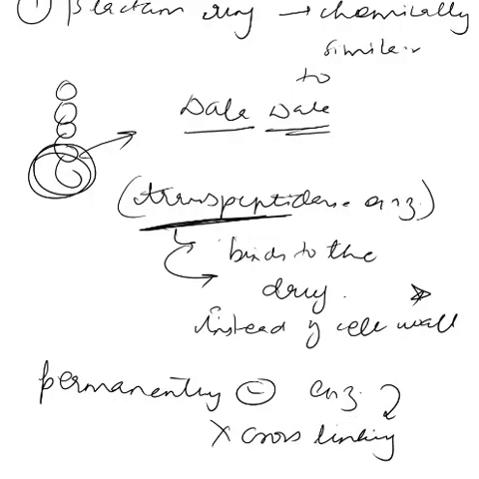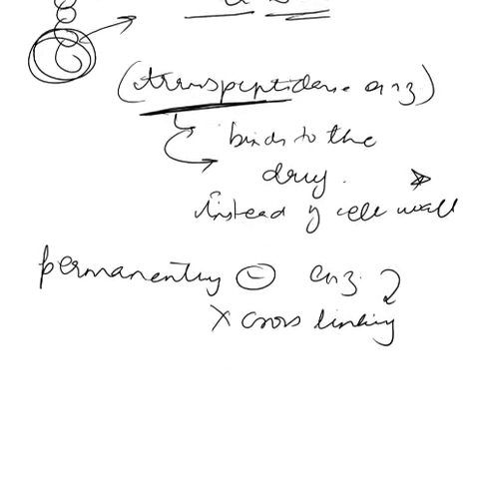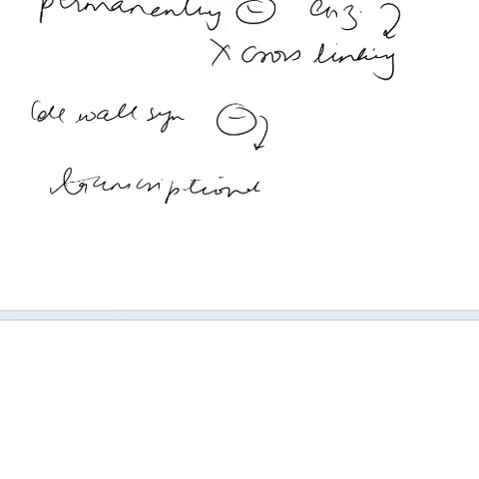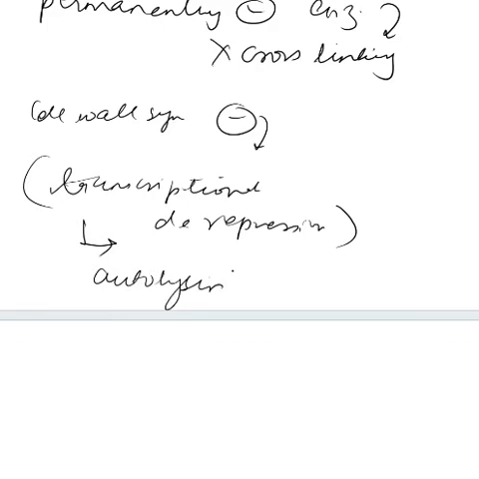In the next step, when cell wall synthesis is blocked, the bacteria will experience transcriptional de-repression. This will cause them to produce autolysin, which is peptidoglycan hydrolase.